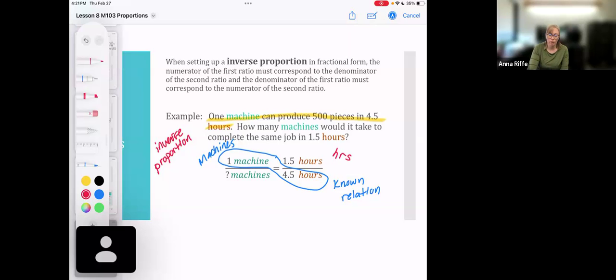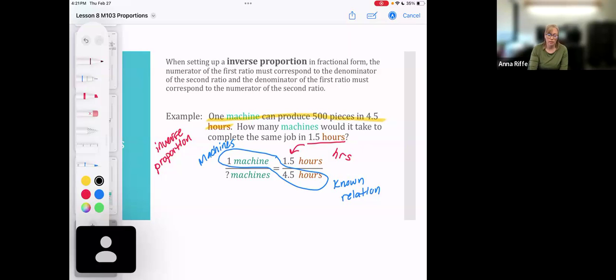The one quantity that we haven't put into our proportion yet is the what if. So how many machines would it take to complete the same job in 1.5 hours? So that goes on the hours side and it'll go in the numerator instead of the denominator. Once we have this set up, we can solve it in the same way that we did those other proportions.